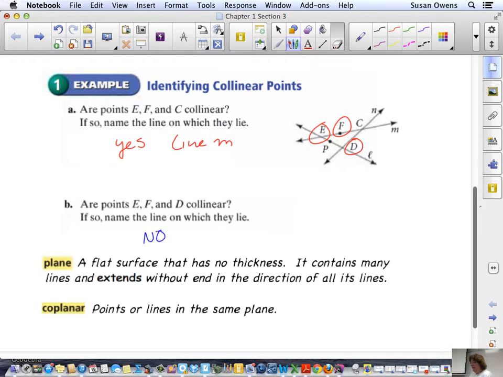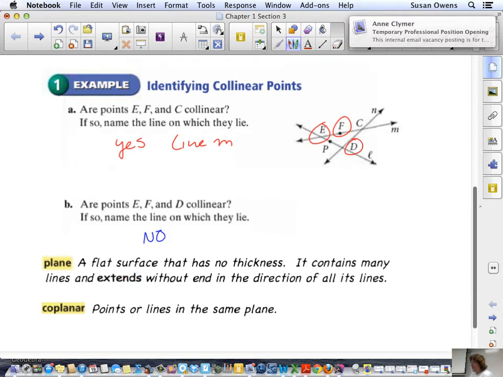A plane is a flat surface that has no thickness. It contains many lines and extends without end in the direction of all of its lines. Sometimes you'll see me say the ceiling.